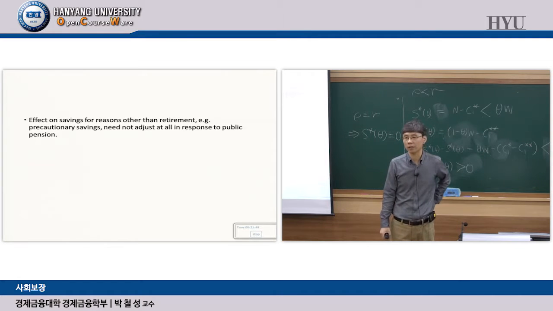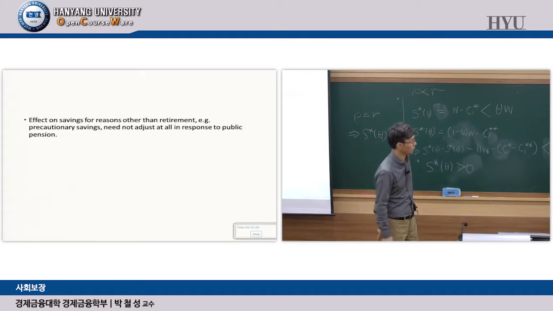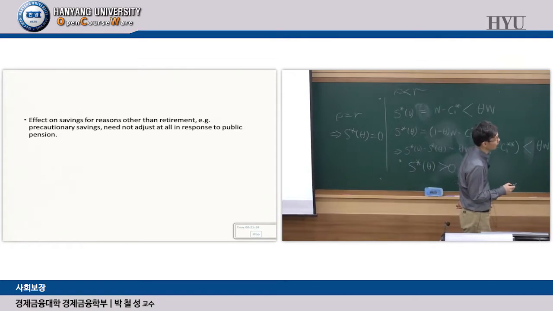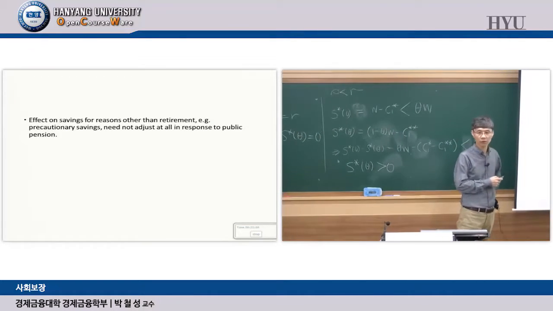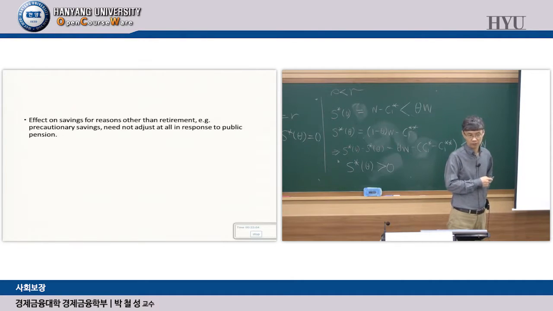This is saving for the case of a negative income shock. Let's say you lose your job, or your health fails. Individuals need to prepare for such negative shocks to consumption, and we call this precautionary savings. So precautionary savings have nothing to do with retirement.